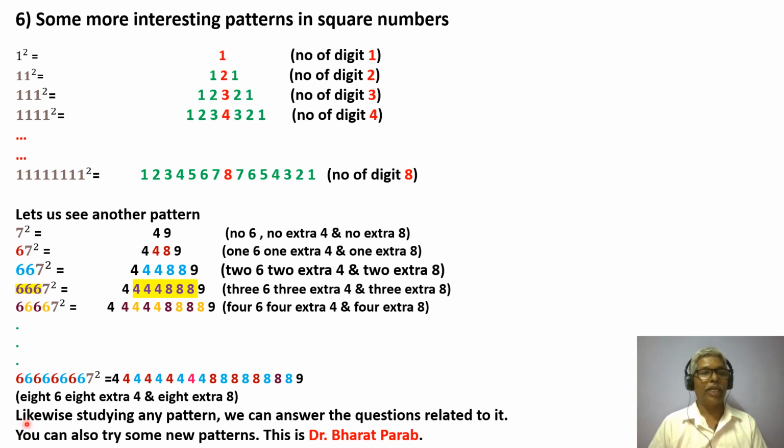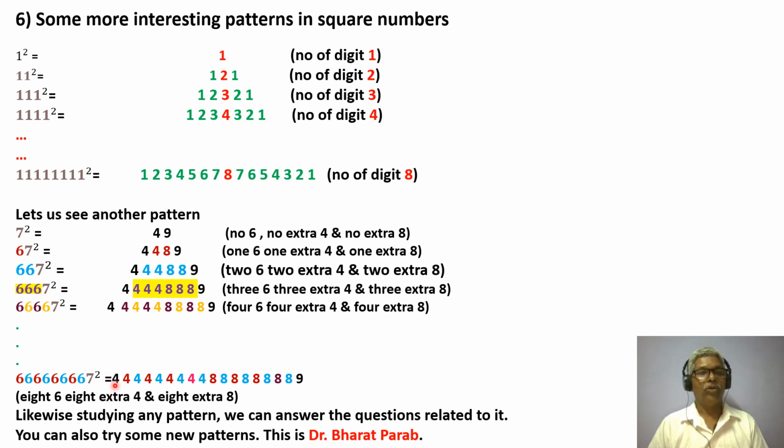Like that, if you have 8 sixes, this is very important. We have not multiplied it, we have just seen how the pattern is and we have written this. That is why these are important. That is why I was talking about the knowledge point of this.